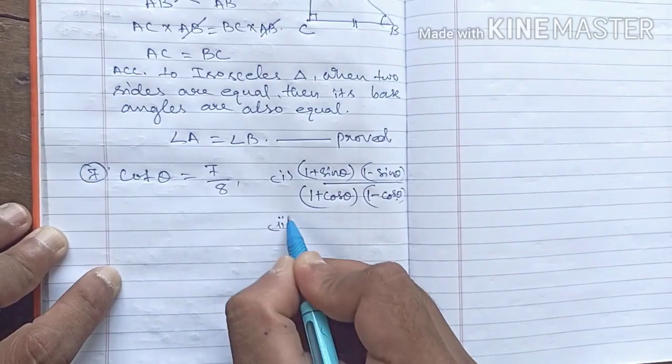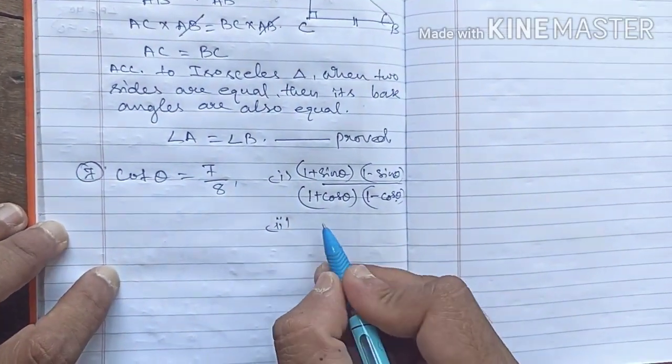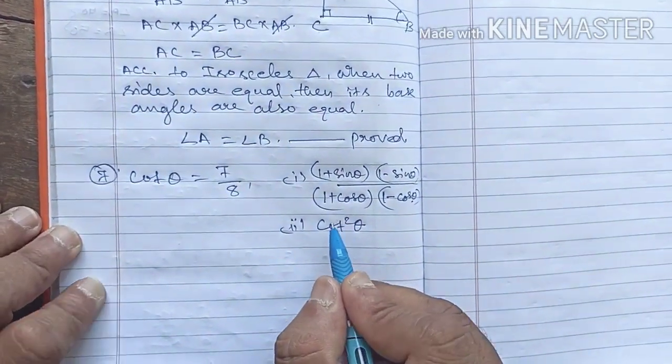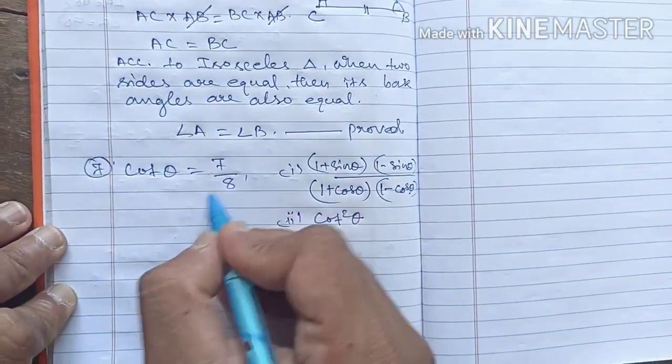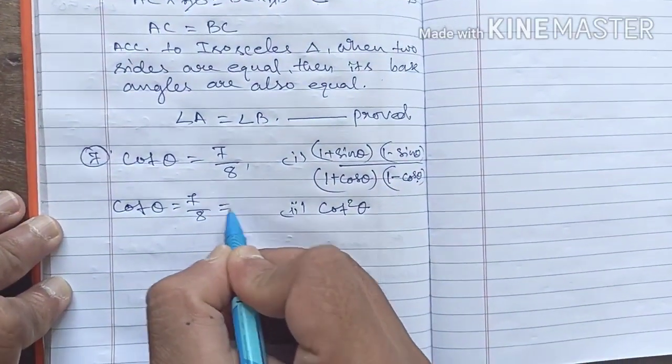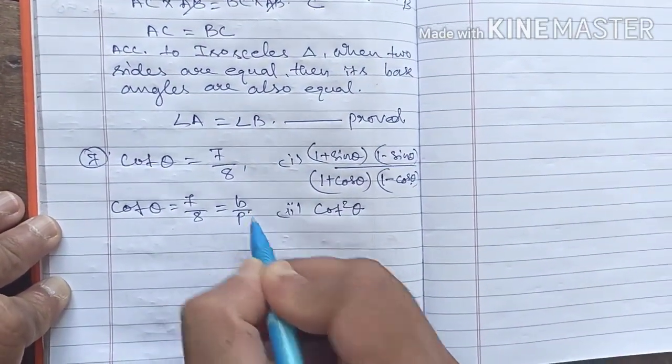And for the second bit, we have to find the value of cot square theta. Okay, so first of all we will write cot theta equals 7 by 8. Its formula is B by P.